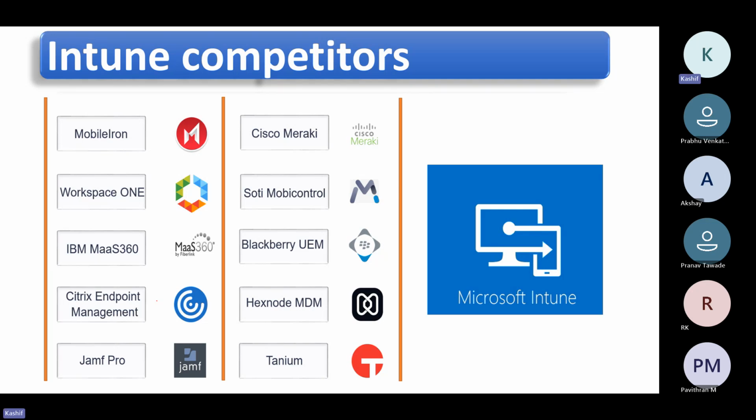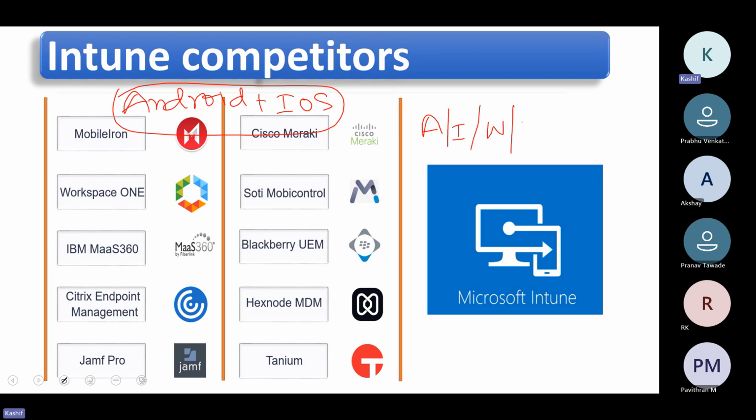But these competitors are focusing only on Android plus iOS devices. These competitors are focusing only on mobile devices. But Intune focuses on all other operating systems, Android, iOS devices, plus Windows, plus Linux, plus MacBook.